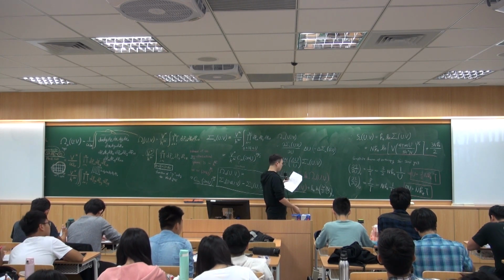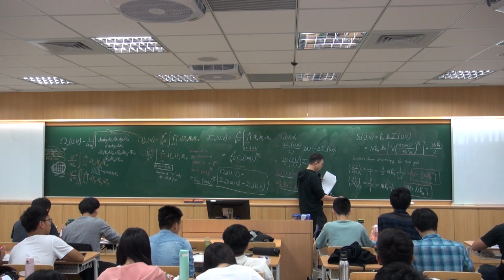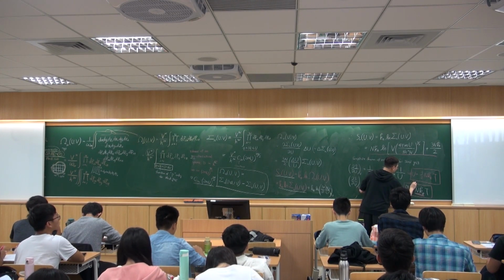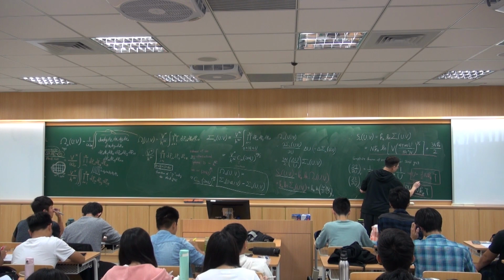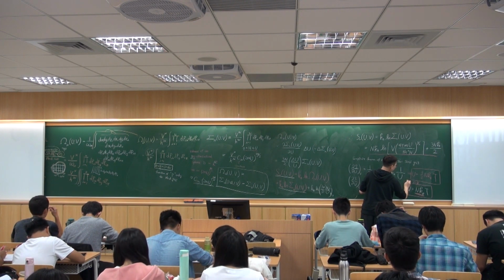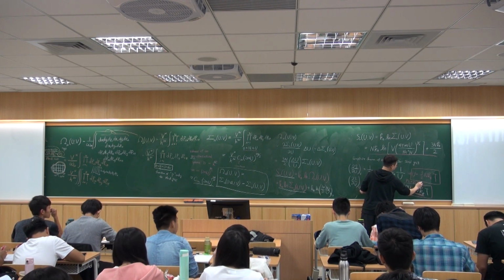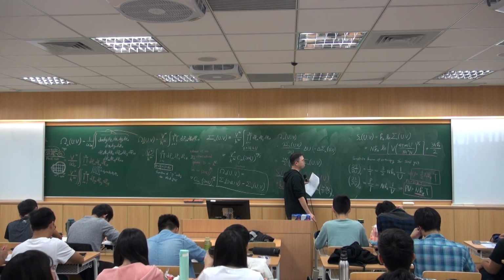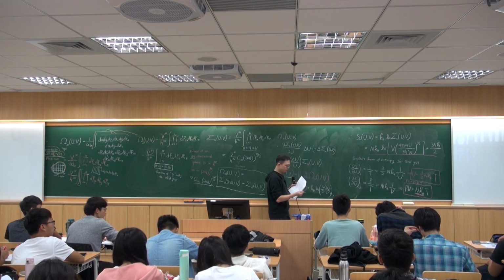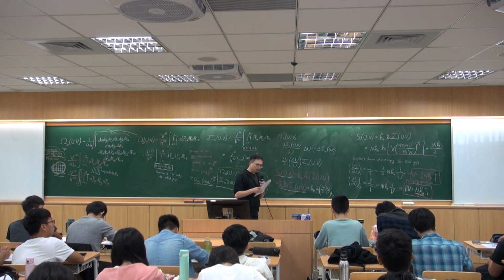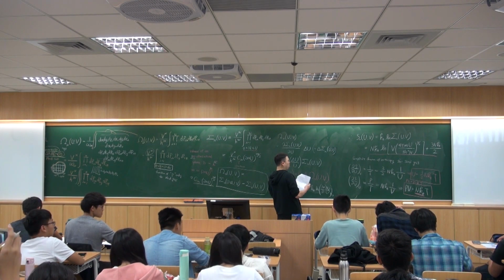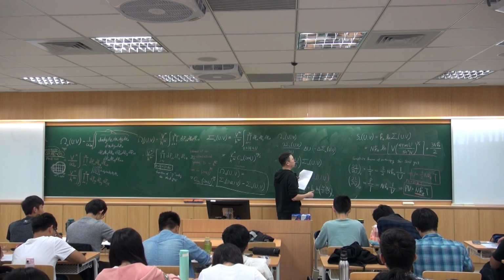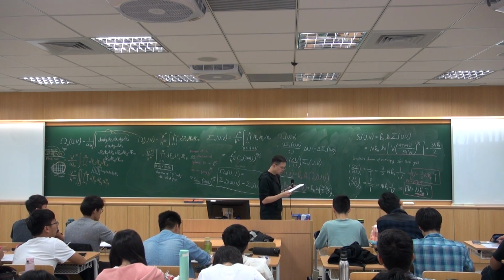Now, of course, we know that from the definition, this is the mole number times the gas constant. So this is also PV equals nRT. Okay, so that's what we can do with this entropy form for ideal gas.